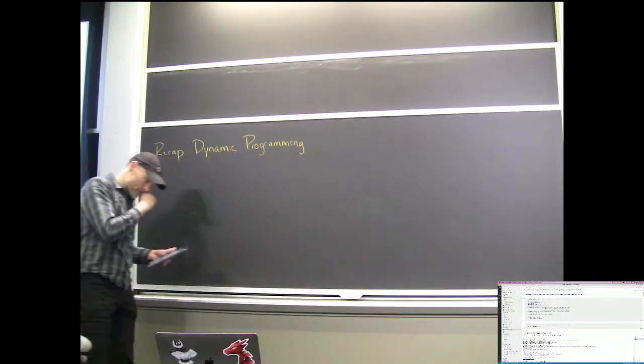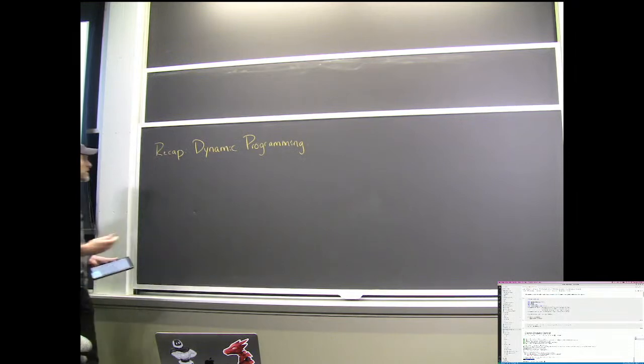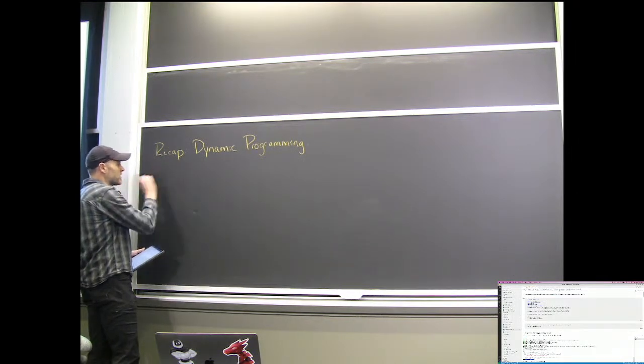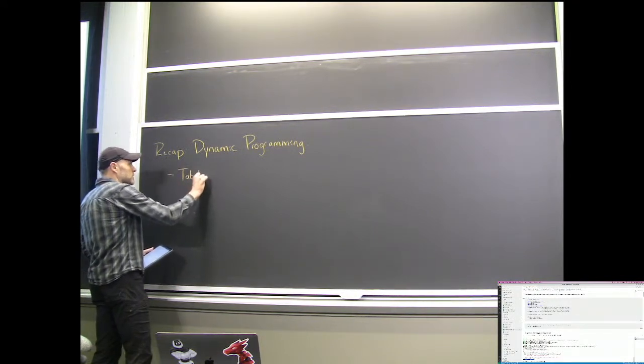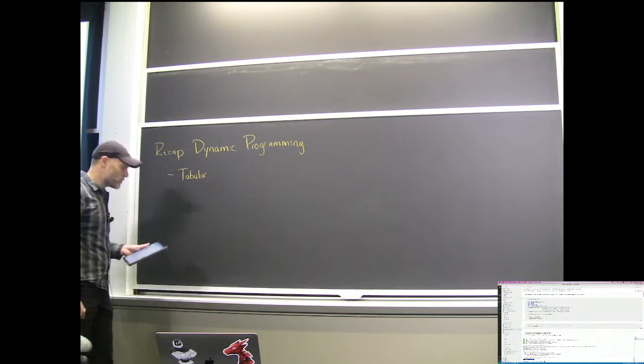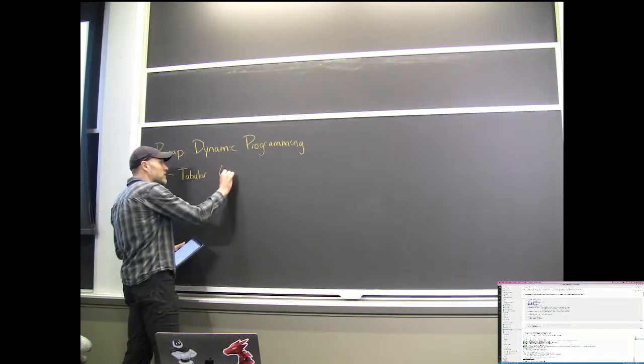Dynamic programming view of optimal control. We talked over the couple of lectures about three settings. We talked about the tabular setting, where everything was on a graph, a discrete graph.